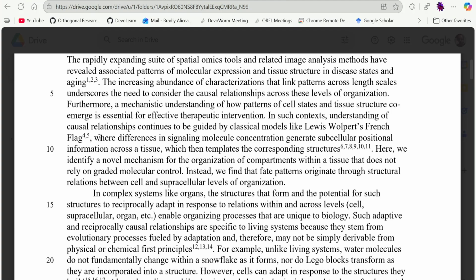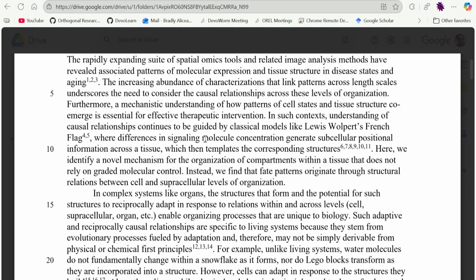And the question is, how does it know exactly what its position is? This is done through coordinated molecular activity, at least that's how a lot of people have thought of this. So you get these differences in signaling molecule concentrations, where the cell can sense the concentration of different molecules and know its location in this gradient.